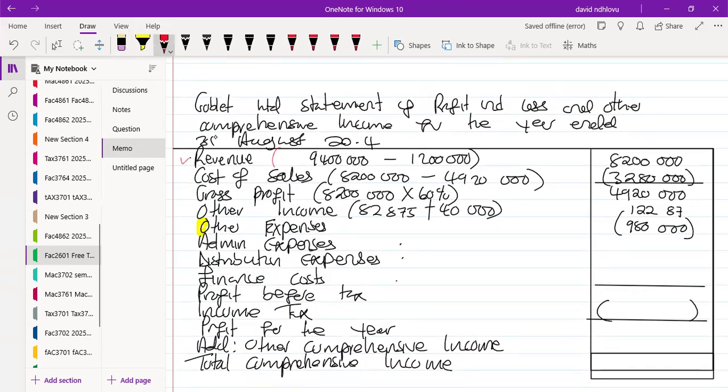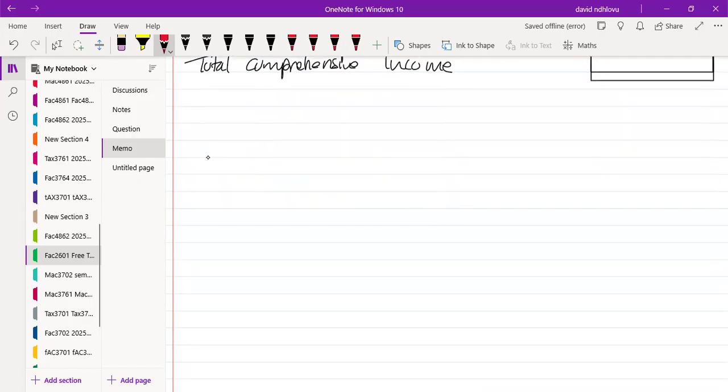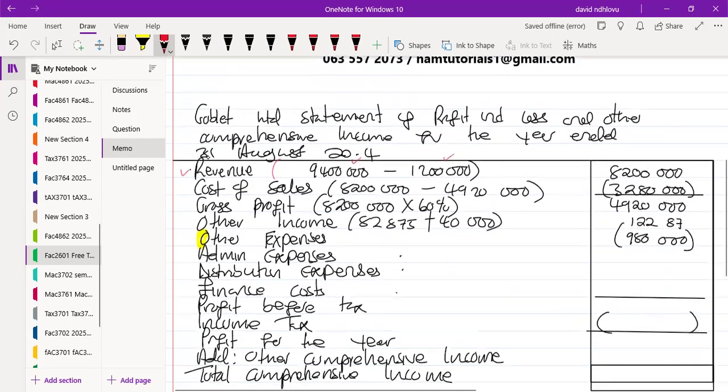Revenue basically is your sales, then you less any sales returns, you less any settlement discount. On the face of the statement, you don't have to show the different items like the sales, the settlement discount, and the sales returns. You calculate that on the side, and then you put the final figure there.